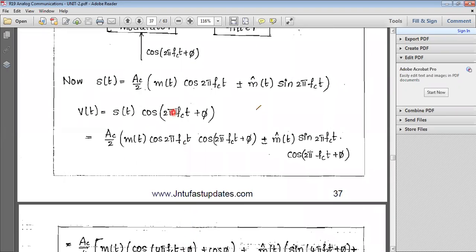What is V of t? S of t into cos 2 pi fct plus phi. Again, you multiply this parameter into the inside parameters. It becomes AC by 2 m of t cos 2 pi fct into cos 2 pi fct plus phi, plus or minus m cap of t sin 2 pi fct into cos 2 pi fct plus phi.